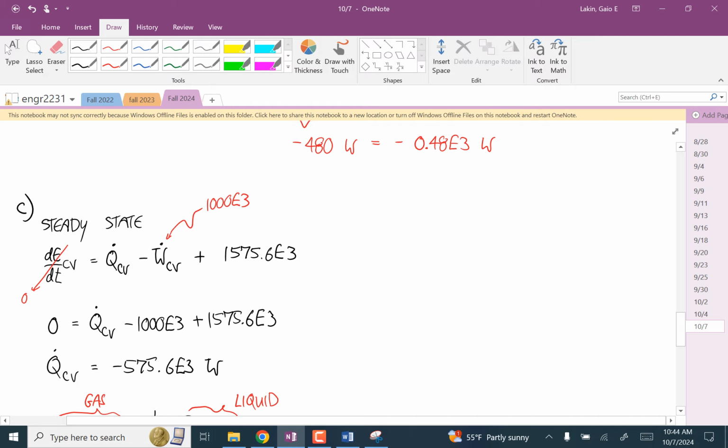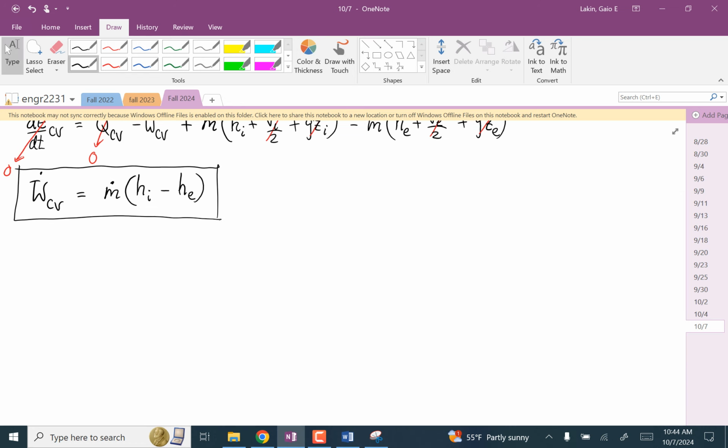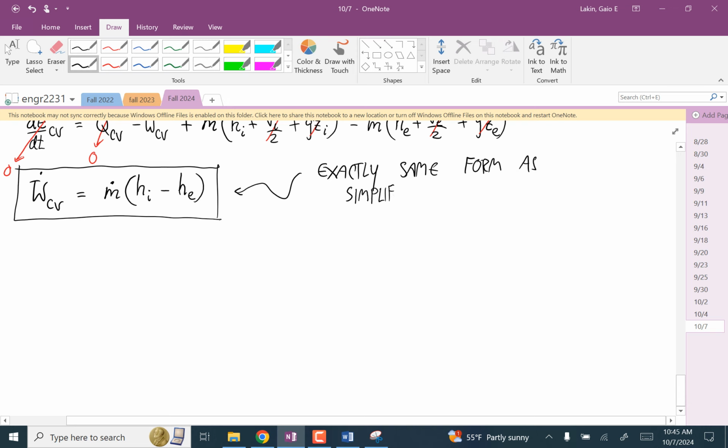And the first thing to notice is we just did this example. There's the simplified form for the turbine. So this is exactly the same form as the simplified turbine. The difference is both sides of the equation are negative here.